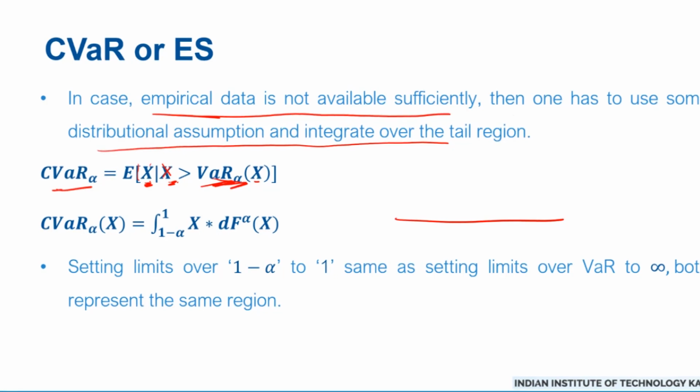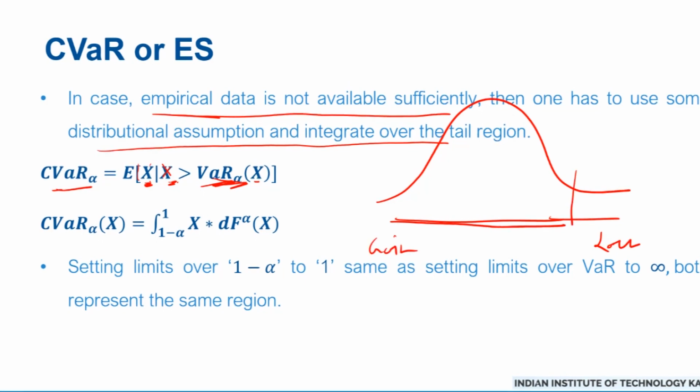For a continuous probability distribution like the normal distribution, let's say we are looking at the loss distribution. That means on this side we have losses and on this side we have gains. Let's say this is my VaR level at 1 minus alpha, probably at a 95% confidence level, which means this is my 95% level, 1 minus alpha, and this is my VaR.